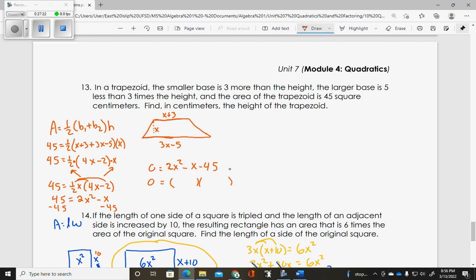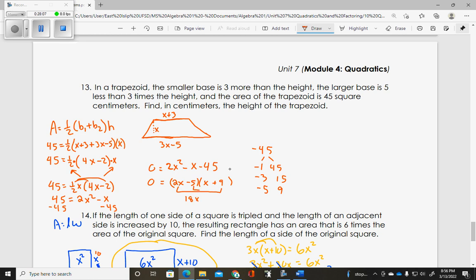So the only 2 factors that the 2x squared can be broken into are 2x and an x. But this negative 45, I have a few choices. Those are my choices. And which one should I use? I don't know. What if I do negative 5 and 9?